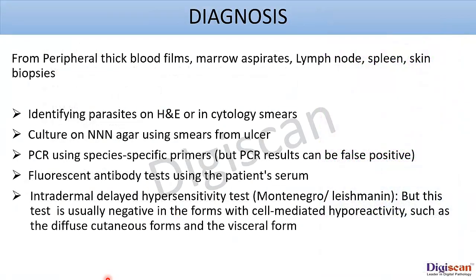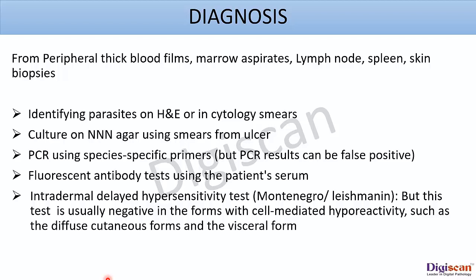The diagnosis of leishmaniasis can be established from peripheral thick blood films, bone marrow aspirates, lymph node aspirates, spleen, or skin biopsies. So we can either identify the parasites on HNE or in cytology smears. The parasite can be cultured on NNN agar.